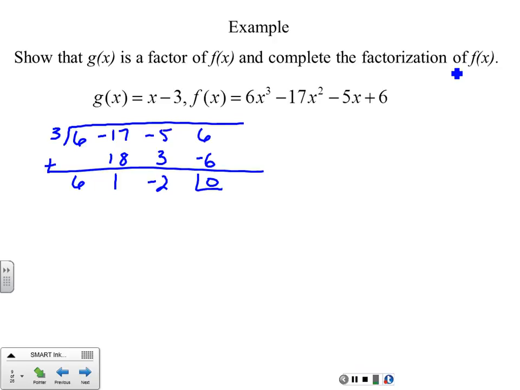All right, so this is what we have now. We have x minus 3 as a factor, and then we have 6x squared plus x minus 2. And so we need to factor that.